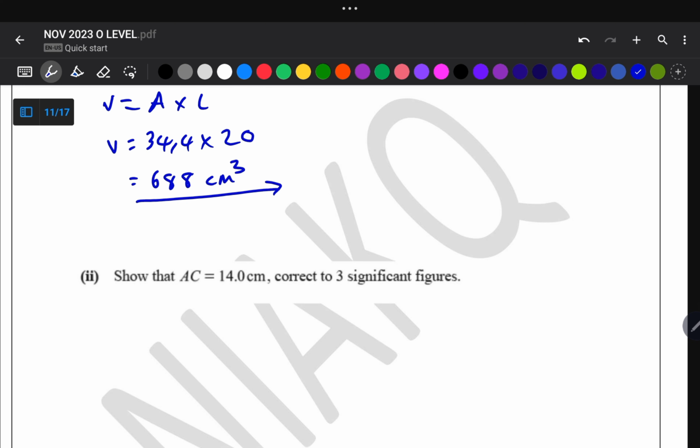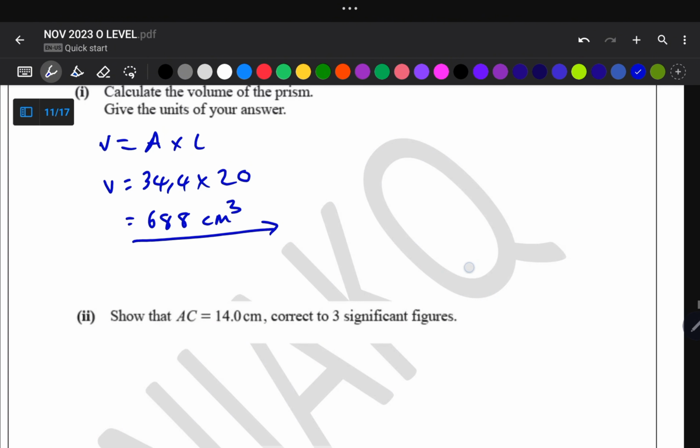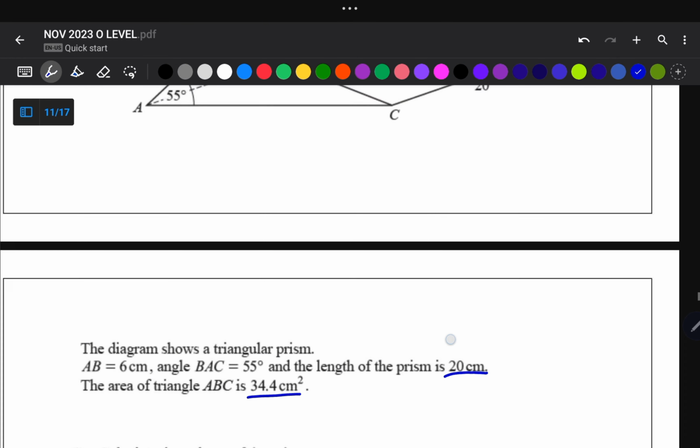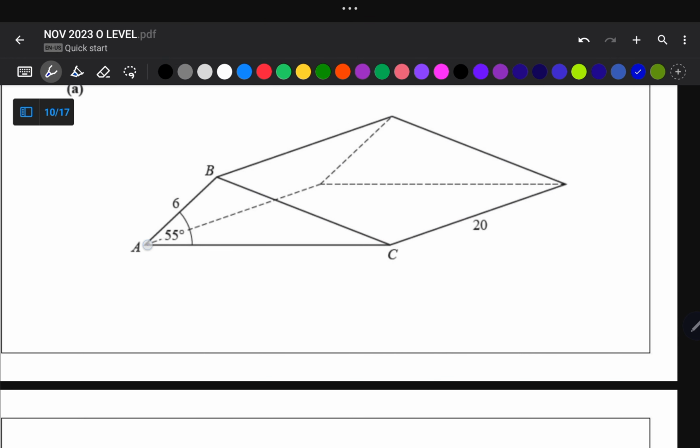Okay, and in the next part of the question we are required to show that AC is equal to 14 centimeters correct to three significant figures. So we want to show that AC from this point to this point is equal to 14 centimeters.